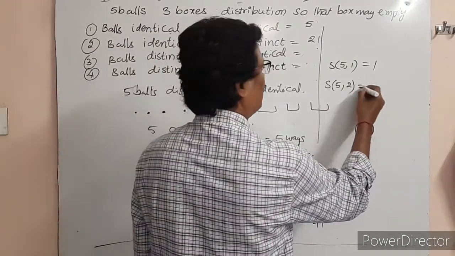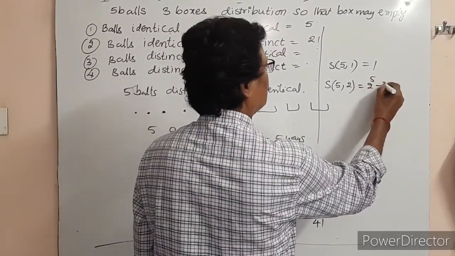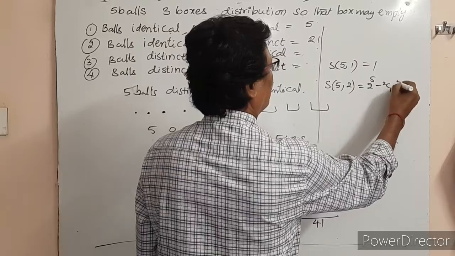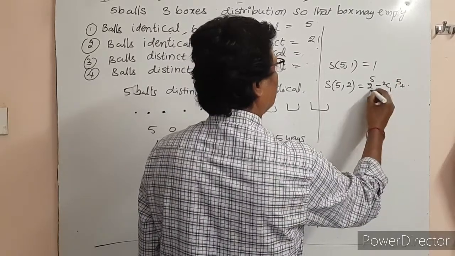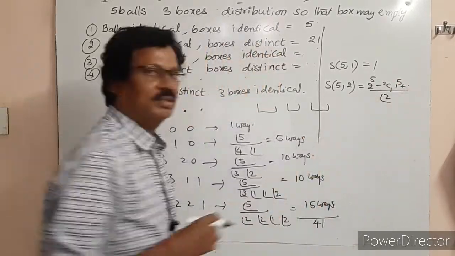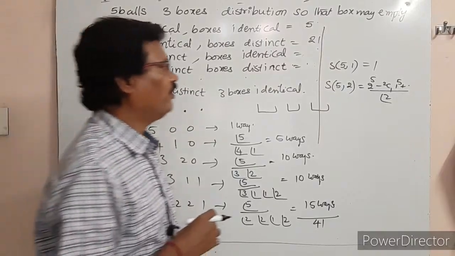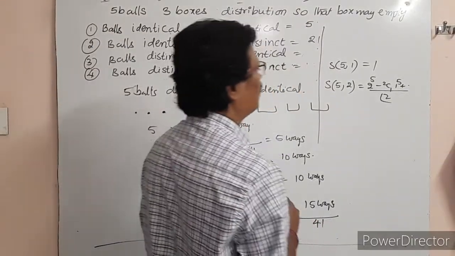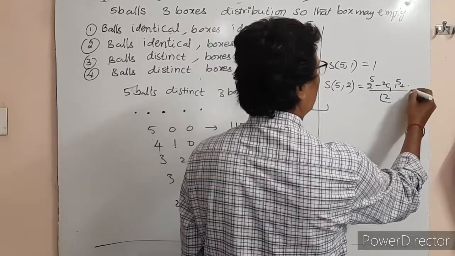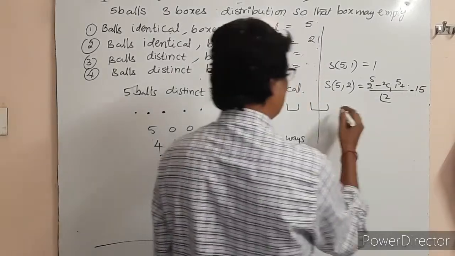What is that formula? 2 power 5 minus 2c1, 1 power 5 plus 0 by 2 factorial. Okay? 2 power 5 is 32, 32 minus 2 is 30, by 2 is 15 ways.